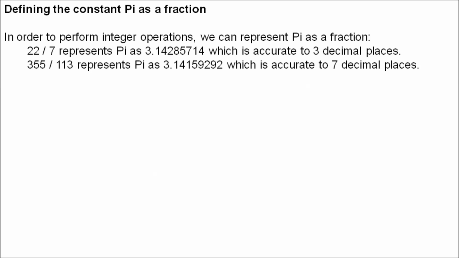So if we first consider the fraction 22/7 to represent pi, the first thing to note is that we are replacing a floating point multiplication with an integer multiplication and an integer division, because a fraction is effectively a divide operation.